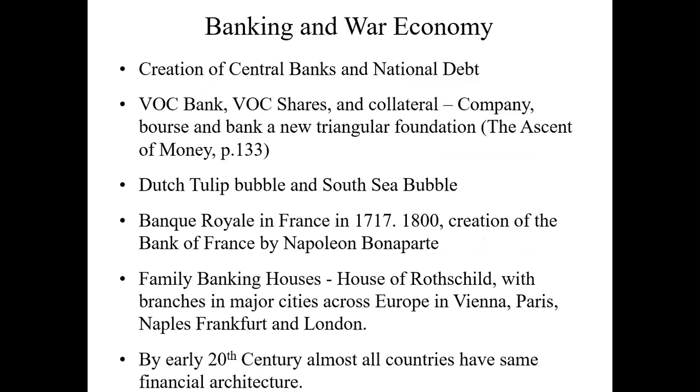What happened very shortly after that, and we also discovered in the previous session, is that similar things were happening in Holland, whereby the Dutch East India Company and the use of their bank had formed a new setup.